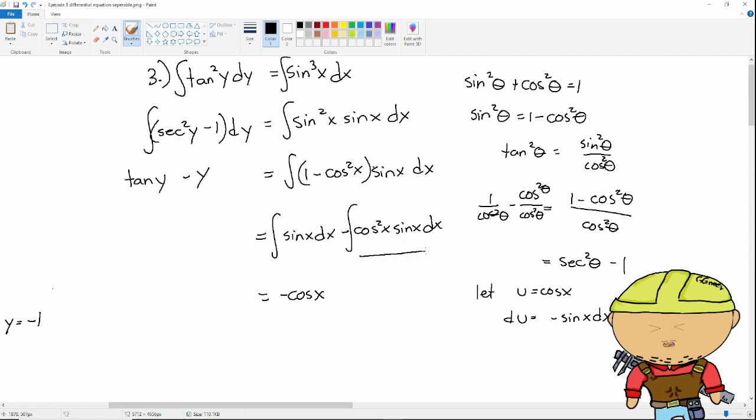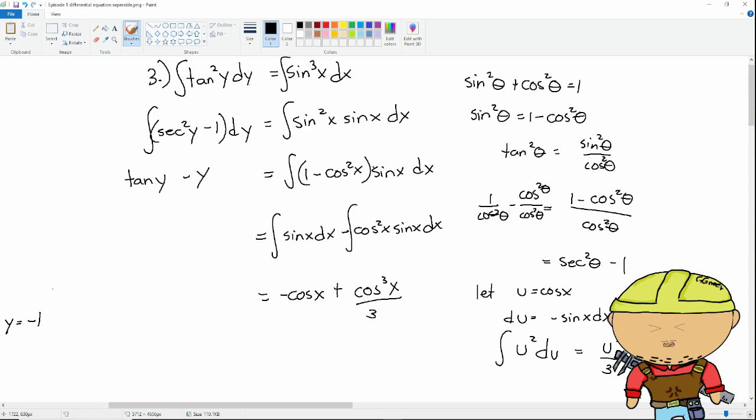So this last term, negative sine x dx times cosine square x, is basically u squared du, since cosine x is u and the negative sine x dx is du. The integral of u squared du is u cubed over 3. So the integral of that is positive cosine cube x over 3.